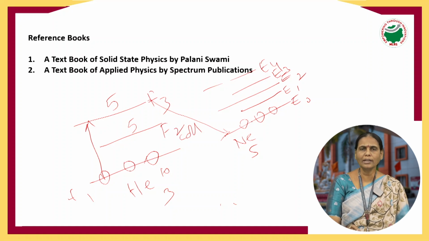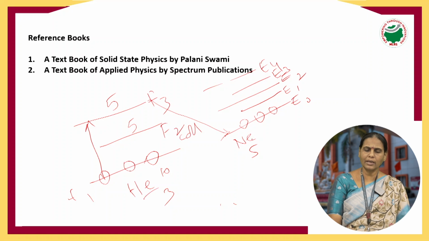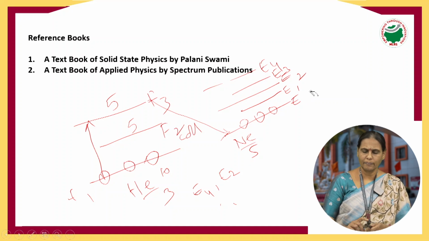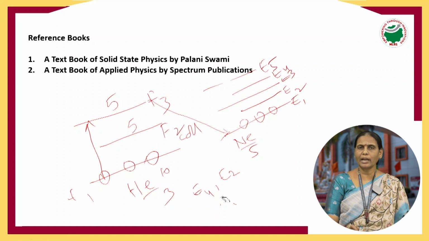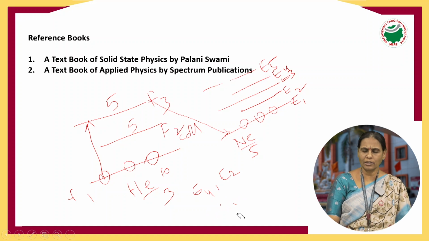They give energy to the lower energy state neon atoms. Along with helium, in neon also, two energy states are identified as E4 and E2. In the textbooks they are given as E1, E2, E3, E4, E5, so they have given E4 and E2, which are similar to F3 and F2 respectively.